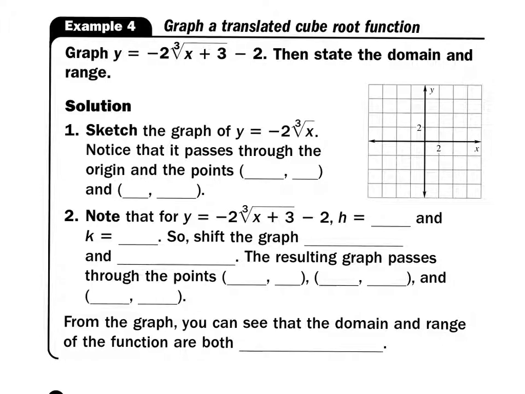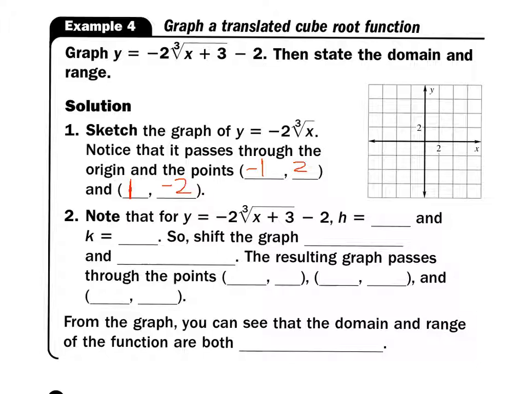All right, graphing the translated cube root function. So I'm going to sketch the graph of the parent function for this, the -2 times the cubic root of x. And I'm going to notice that some of the points that it passes through are -1, 2, and 1, -2.